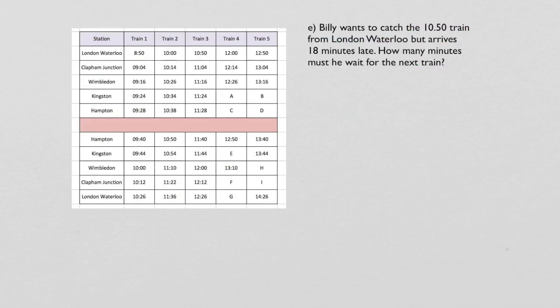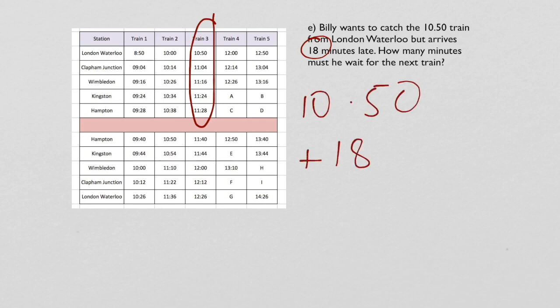E. Billy wants to catch the 10:50 train from London Waterloo but arrives 18 minutes late. How many minutes does he wait for the next train? Okay, so 10:50 plus 18, so we need to go across the hour. That's going to make 11:08. So we're at 11:08 on the platform, and we need to work out when the next train goes.